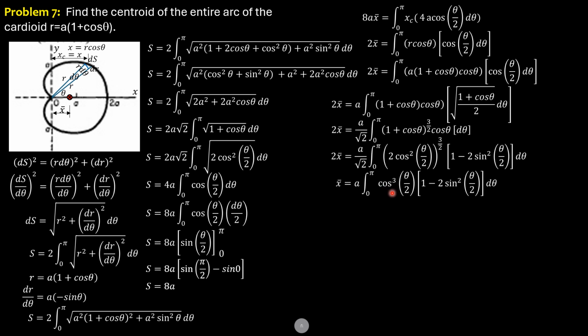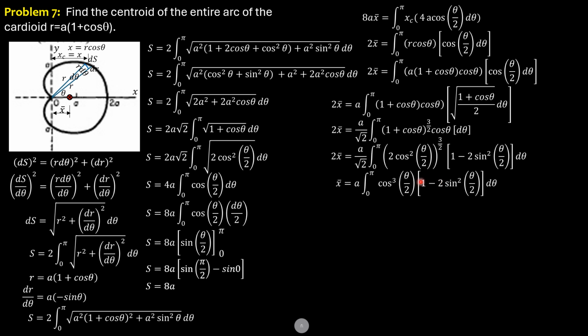Then this cosine cube theta over 2 is broken down into cosine square theta over 2 times cosine theta over 2. And we note that cosine square theta over 2 is 1 minus sine square theta over 2 as an identity.